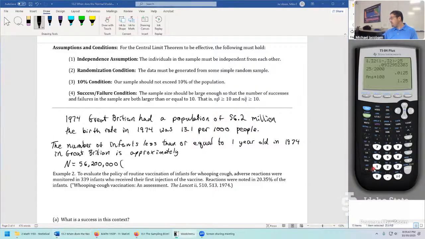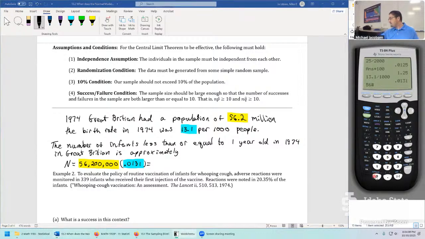So that means you take 13.1 divided by 1,000 to get the number 0.0131. So we're combining this information here and this other information right here. And we get the approximate number of infants less than or equal to a year old.